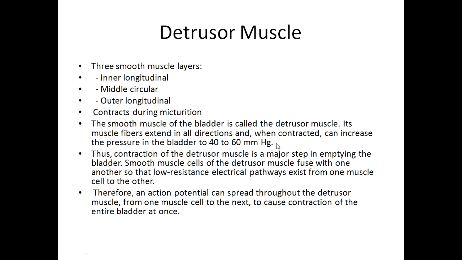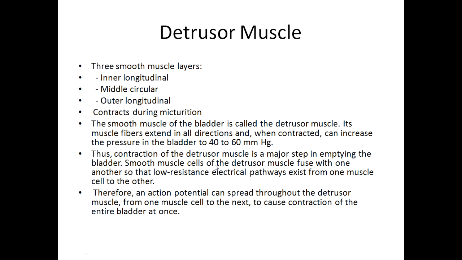Clinically, they measure the pressure of the bladder to know whether it is normal or high, because in some people who cannot hold urine, they measure the internal pressure to see whether it is due to increased contraction or any muscle abnormality. Thus, contraction of the detrusor muscle is a major step in emptying the bladder.